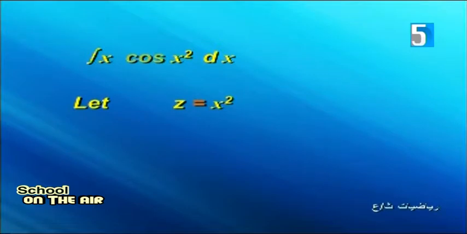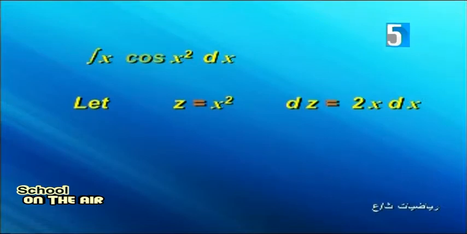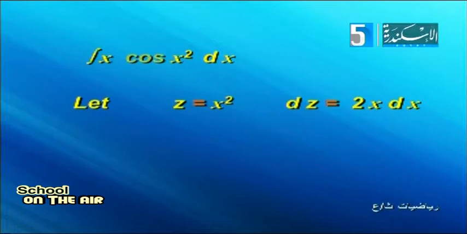Then let z equals x power 2. The differential of z, which is dz, equals the differential of x power 2, which is 2x dx. Divide by 2, then x dx equals half dz.